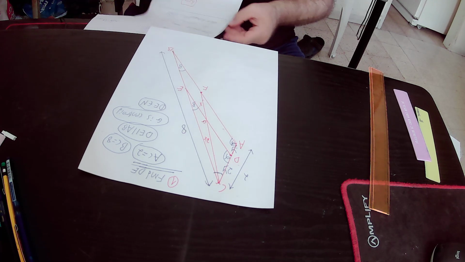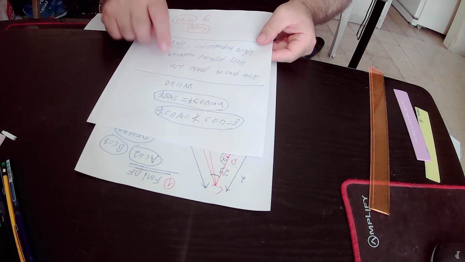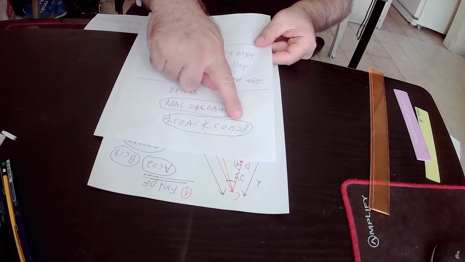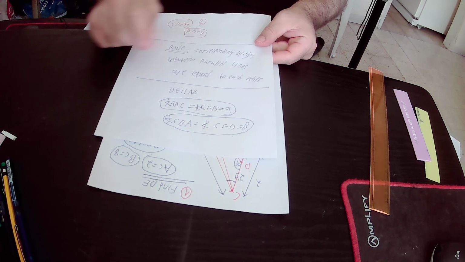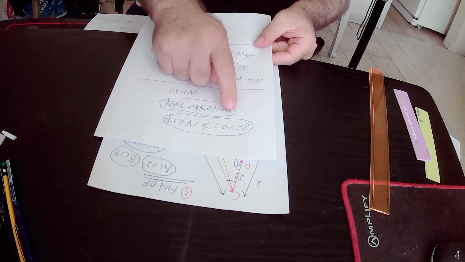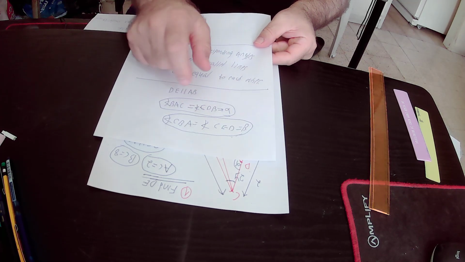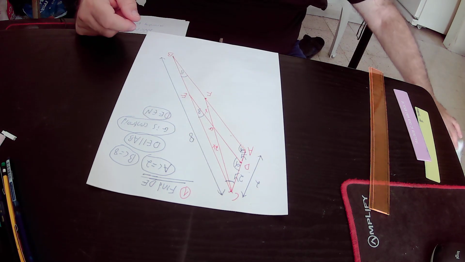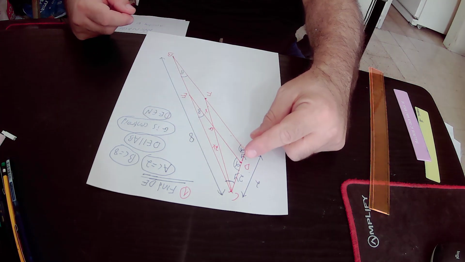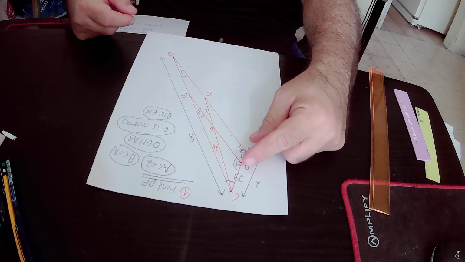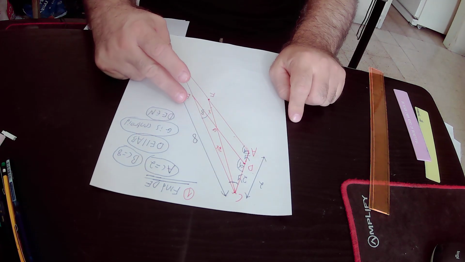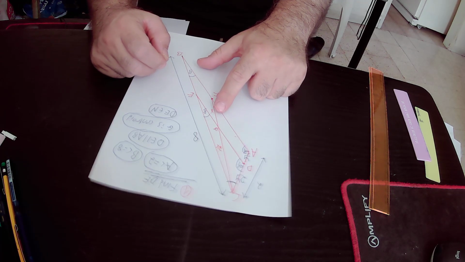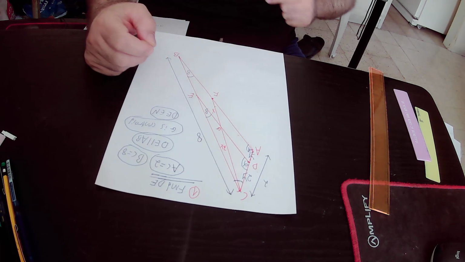That is to say, angle CBA will be equal to angle CED, and both of them are equal to beta. So we found out that those two angles are both equal to alpha, and those two angles are also equal to each other and both equal to beta.